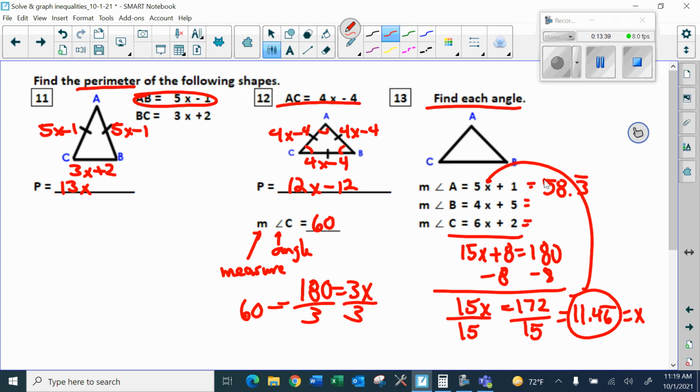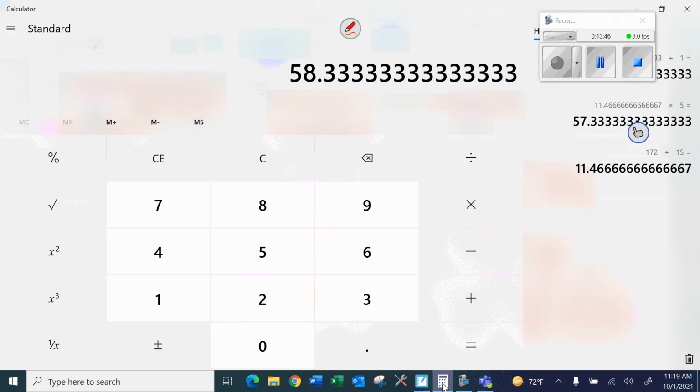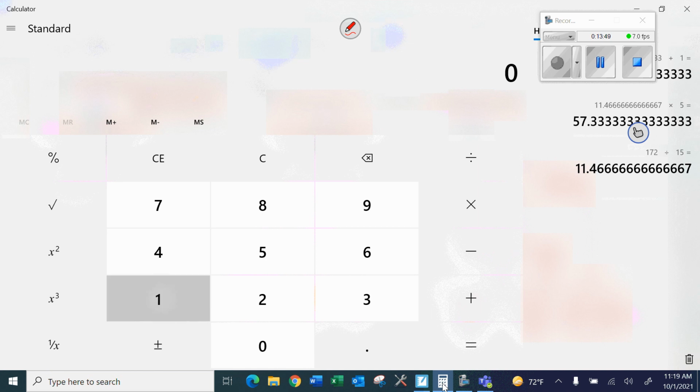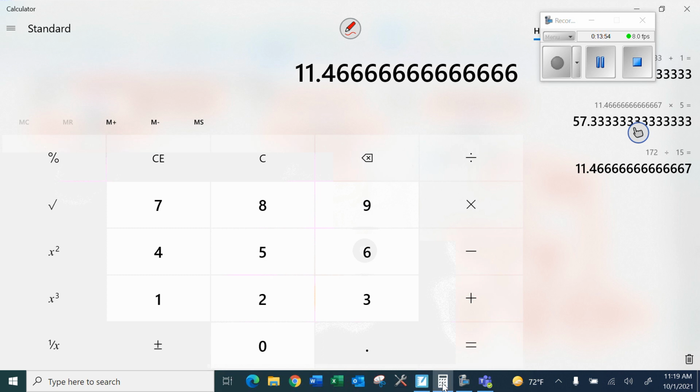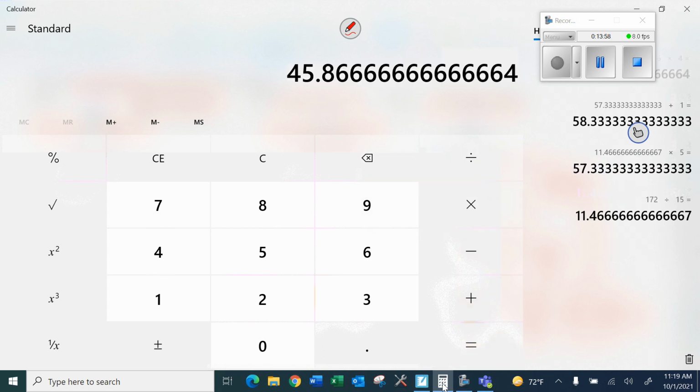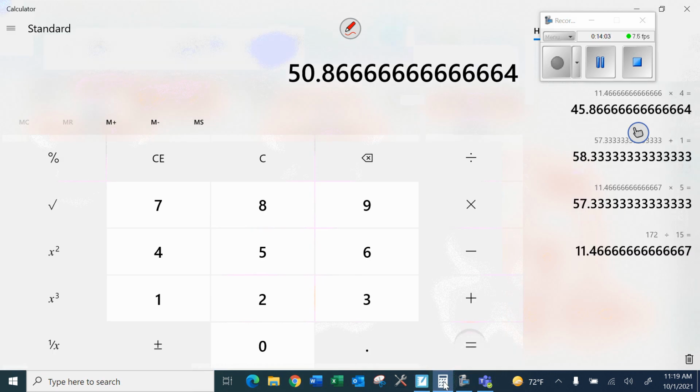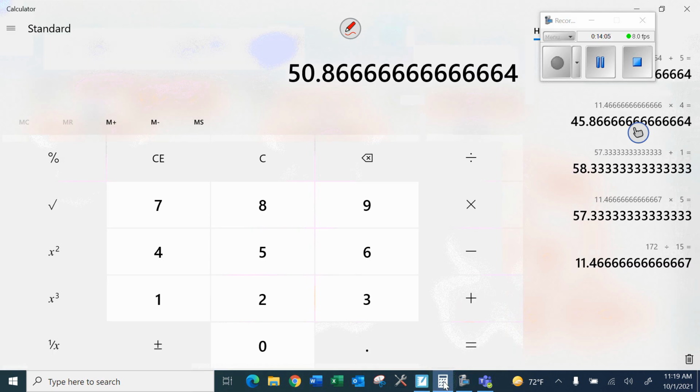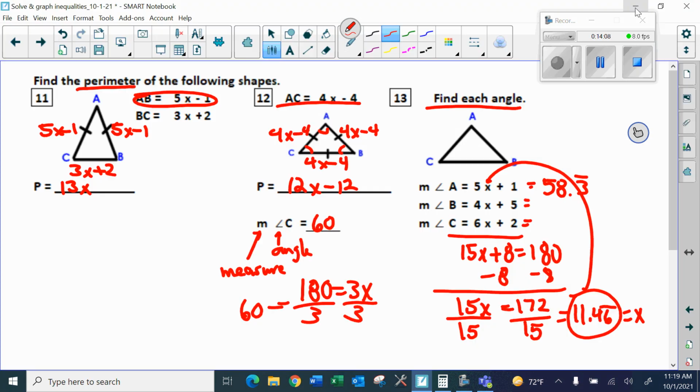Now I can plug it into either B or C, so we'll just do B next. 4 times 11.46 repeating. Times 4 equals, and what was it? 4x plus 5. So I'm going to add 5. 50.86 repeating bar.